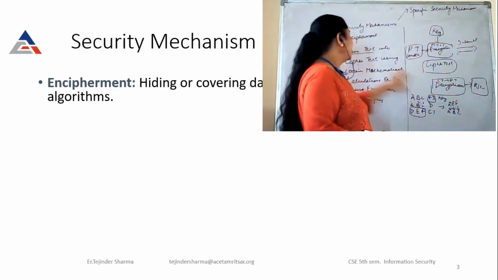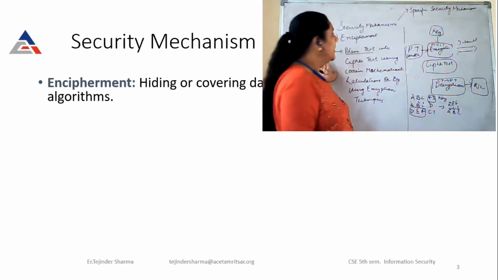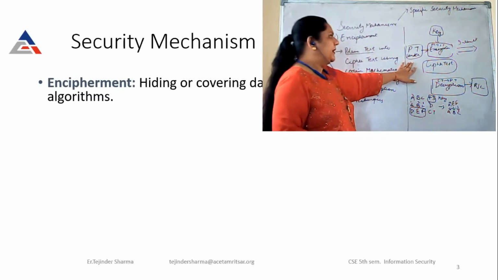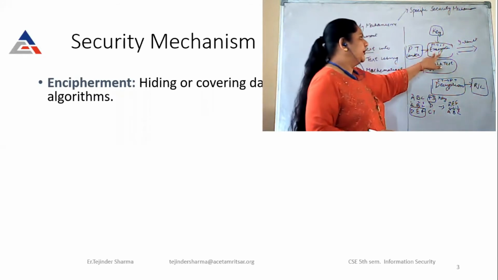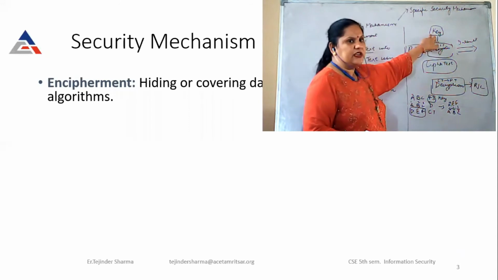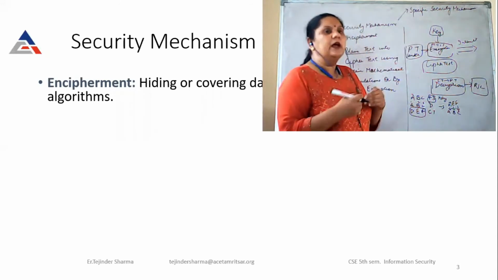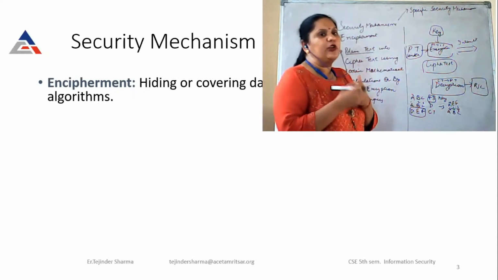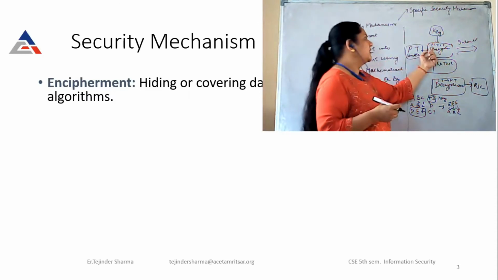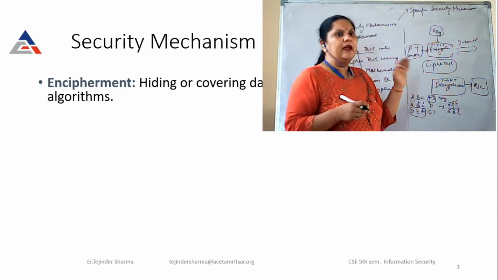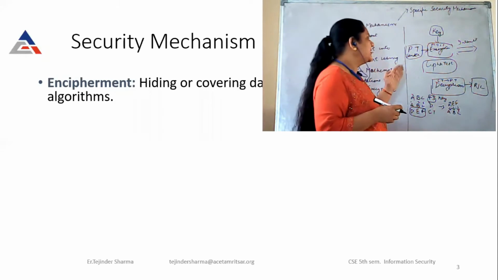Fine. So this is a general diagram to show you what is encipherment. Here, the sender has the plain text, and the plain text is converted to ciphertext using some key. Keys are nothing but the mathematical formulas which we apply so that this text should not be readable by anyone except the receiver.